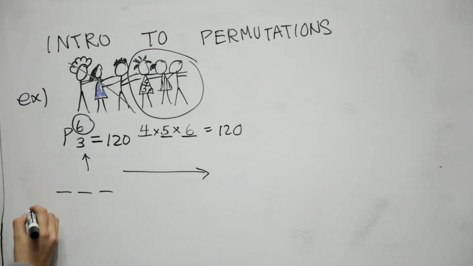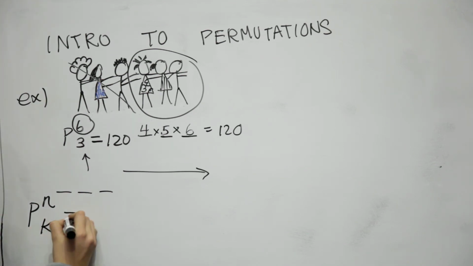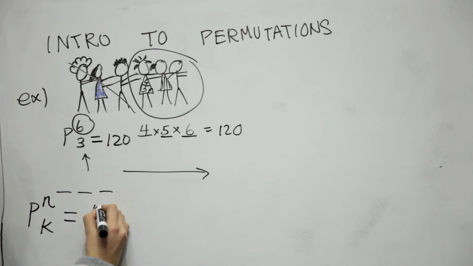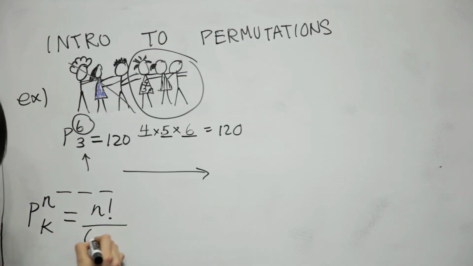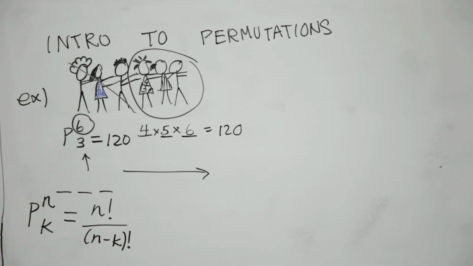The general formula for permutations is, say we have n total, and we want to permute k of them. That's equal to n factorial over n minus k factorial. Although, in all honesty, it's better for you to understand what's going on rather than memorizing the formula for permutations.